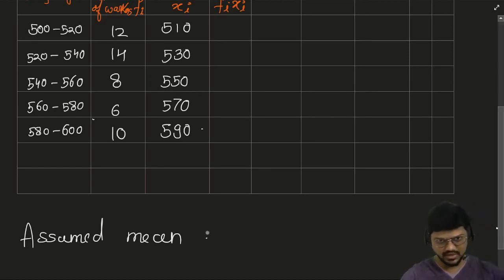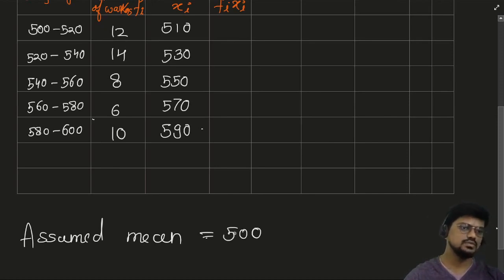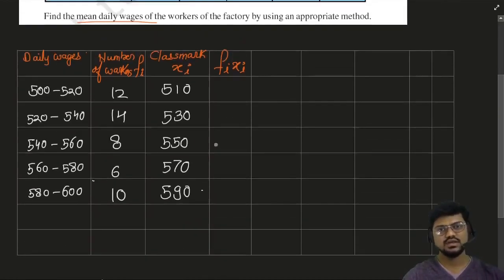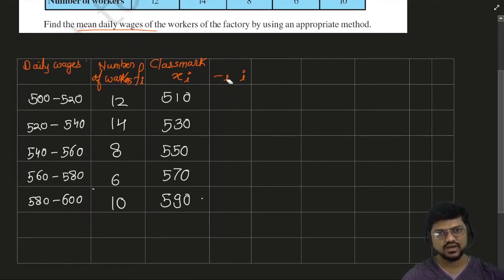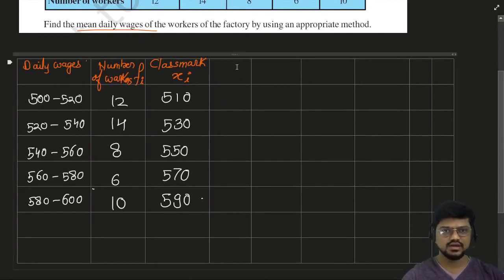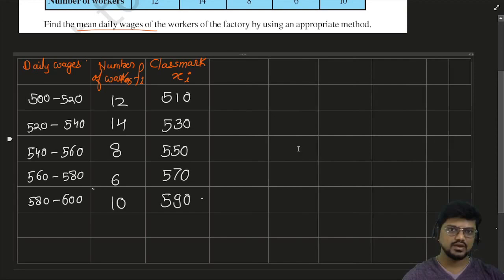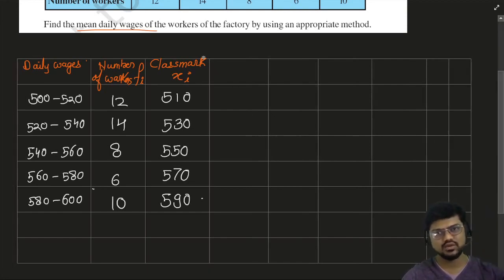So if your assumed mean is 550, then you don't have to calculate this fi into xi first. You will calculate the value of di, which is your xi minus your assumed mean.